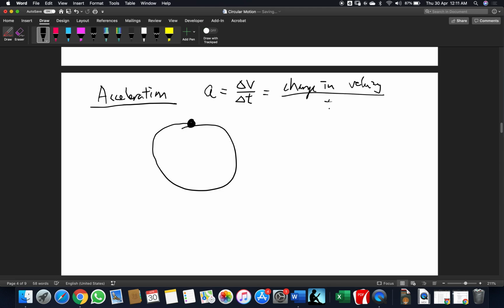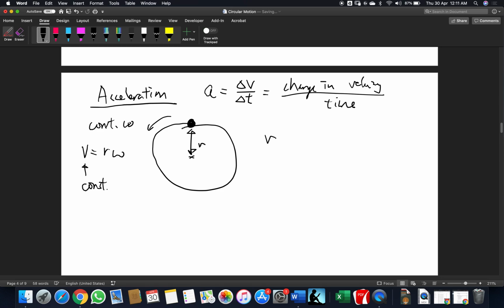Let's say the object is moving with constant angular speed, and of course the radius does not change. Then by v equals r omega, v should not change either, so this should also be a constant.